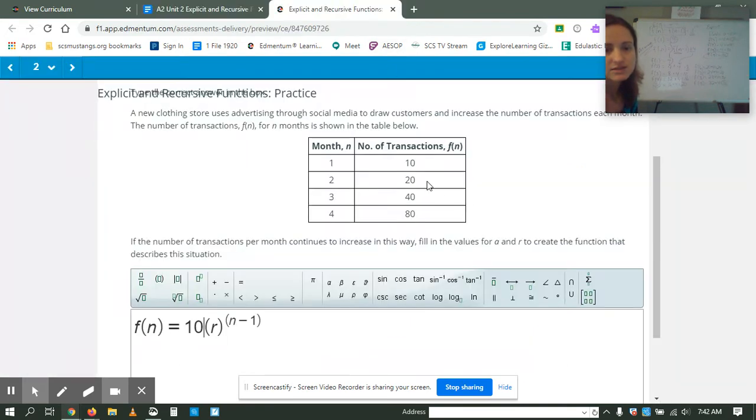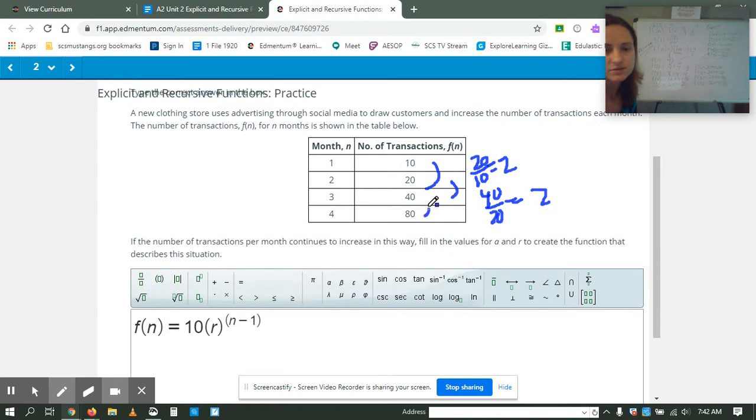So we need to take these terms and divide them out to make sure we end up with the same number. So if I look at these two terms, I'm going to be doing 20 divided by 10 to give me 2. And then here, I would do 40 divided by 20. That's going to give me 2.